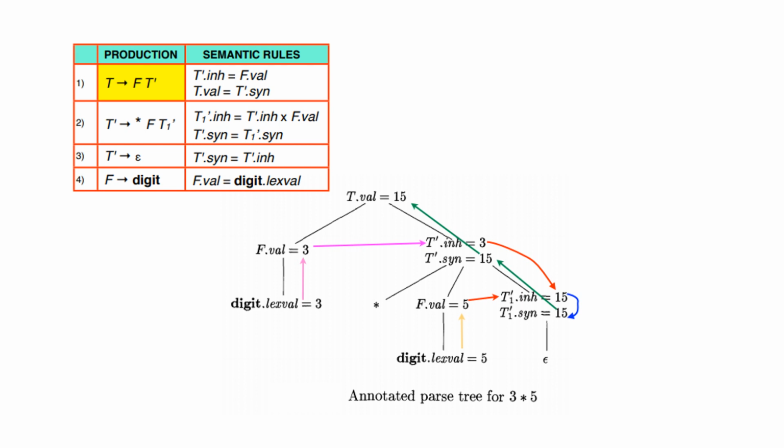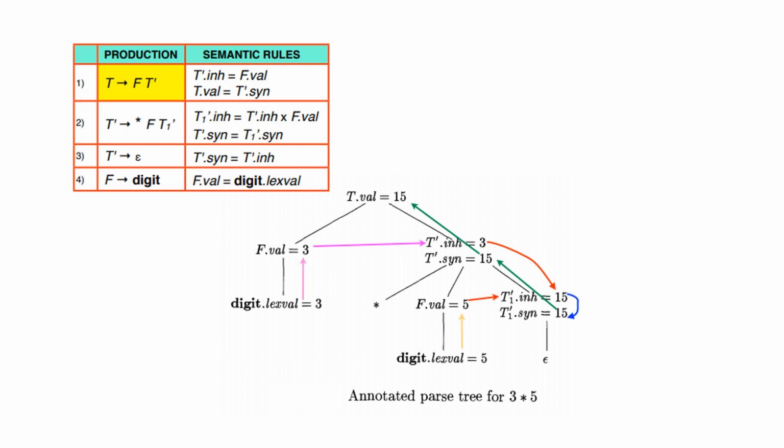We call this 3 the lexval because the lexical analyzer gives us the value, which is entered into the symbol table. Digit.lexval equal to 3 should be assigned to F.val, according to rule number 4. Then T1.inherit equal to 3.